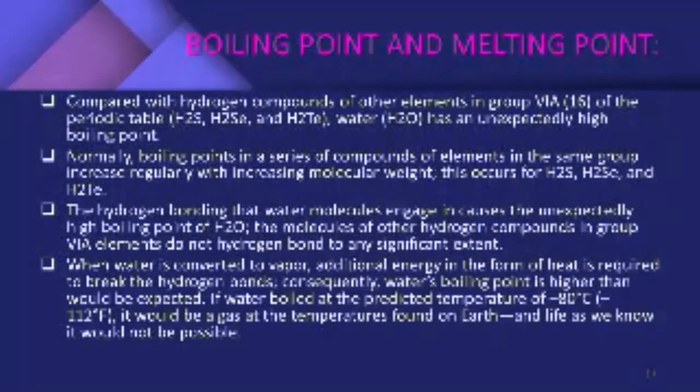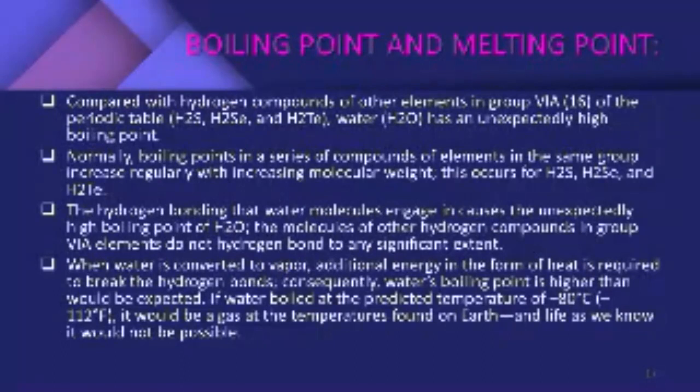The second unique property is boiling point and melting point. Compared with the hydrogen compounds of other elements in group 16, 6A of the periodic table, water has an unexpectedly high boiling point. Normally, boiling point in a series of compounds of elements in the same group increases regularly with increasing molecular weight.